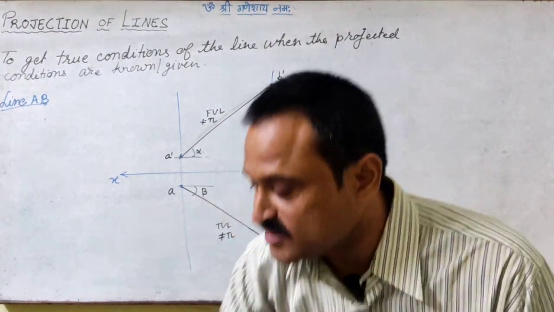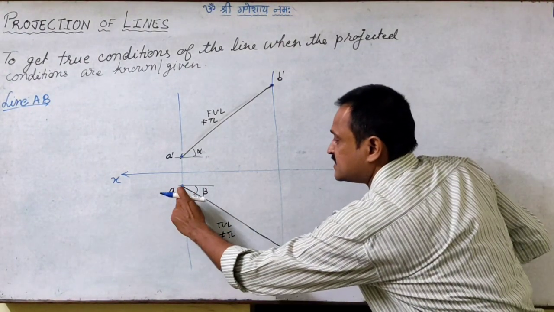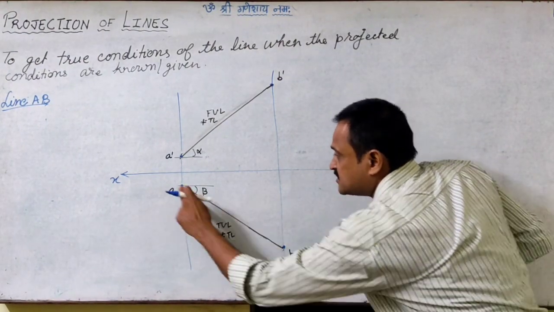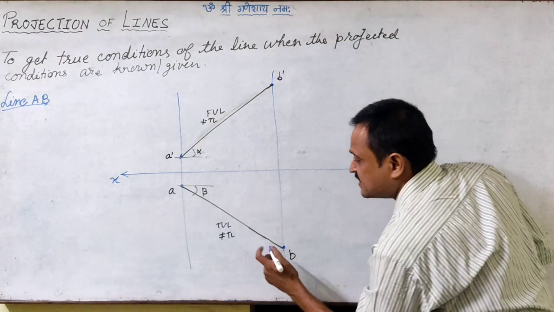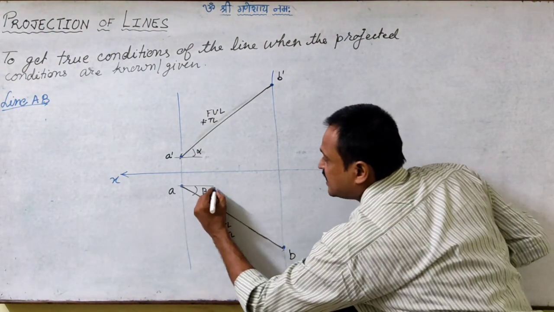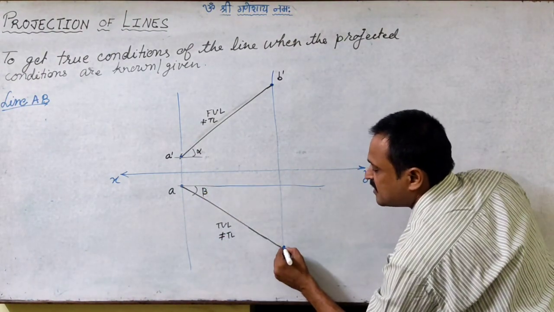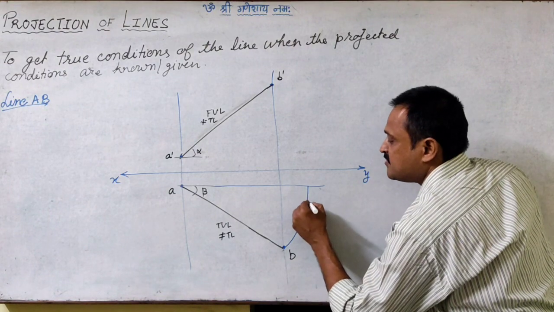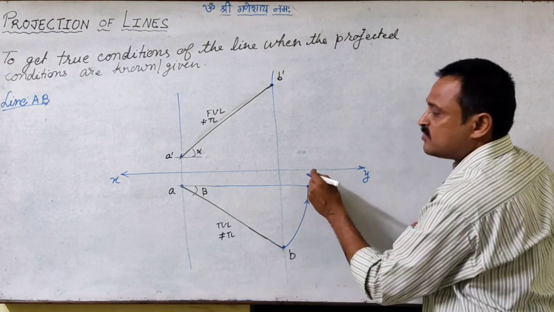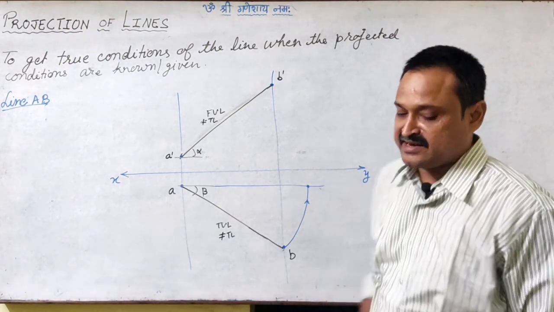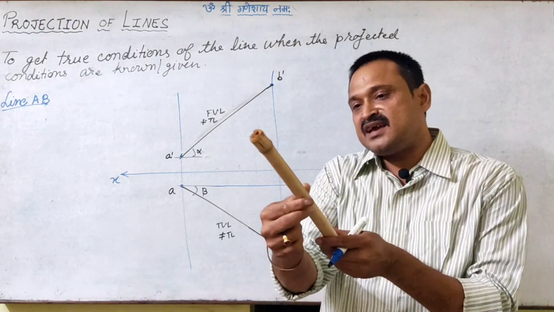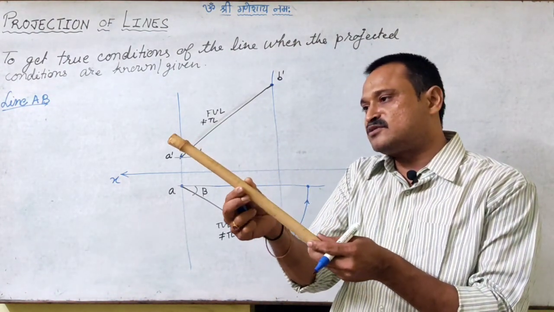So what I can do is, A as center and AB, the top view length, as the radius, rotate it and make it parallel to the XY line. So that means I am making this line parallel to VP.